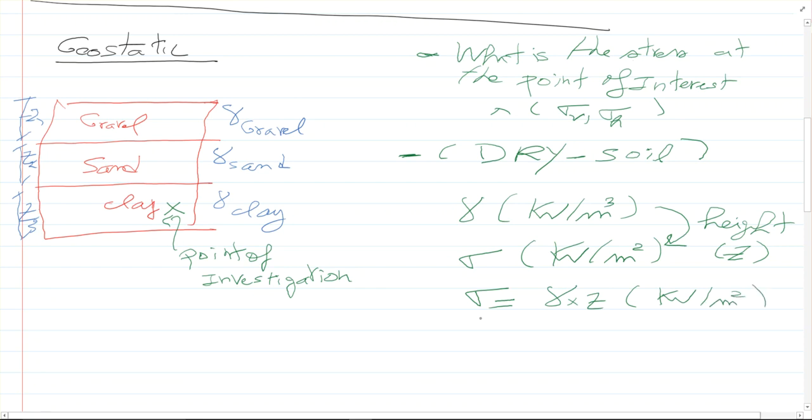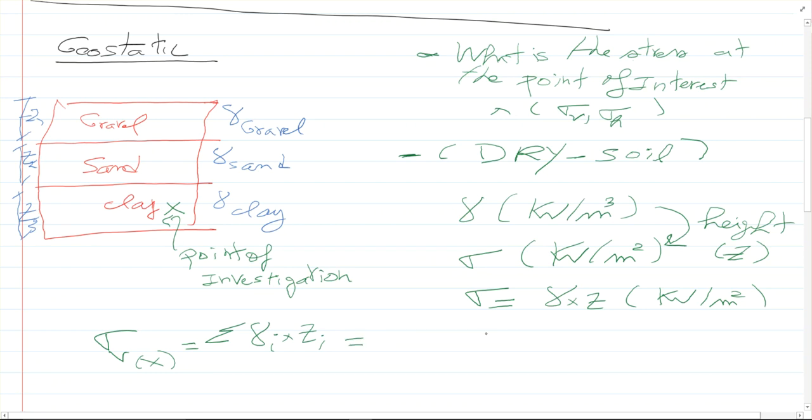There is a very easy way to visualize how this formula came to be and what the stress is. If you want to find the stress, we just multiply the unit weight of any material by the height. So if I want to find the vertical stress at point x, I need to add the unit weight of each layer times each layer's thickness.